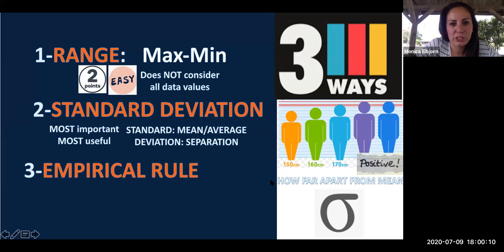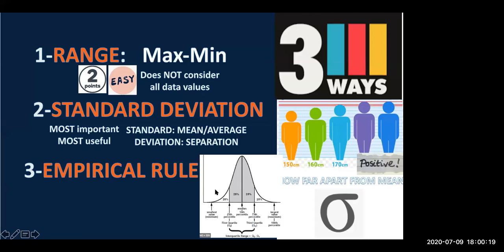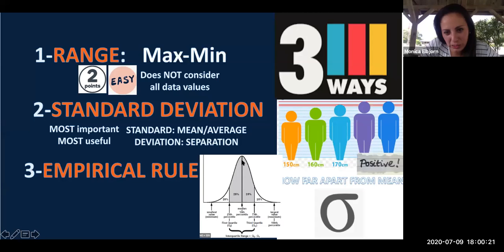And the third way to get a variation for your sample is called the empirical rule. So this is what I was talking about, having normally distributed data, and your line at the center is your median, or your average, your mean. Everything adds up to 100%.